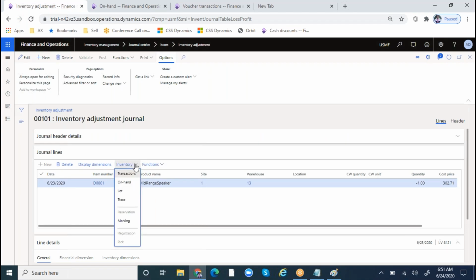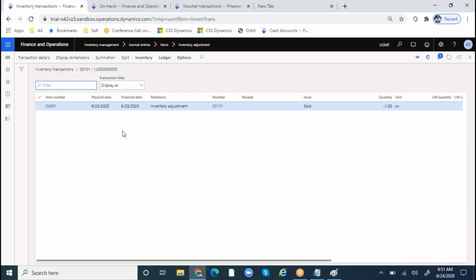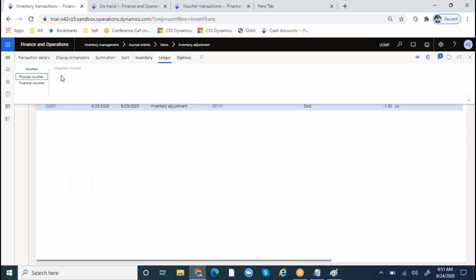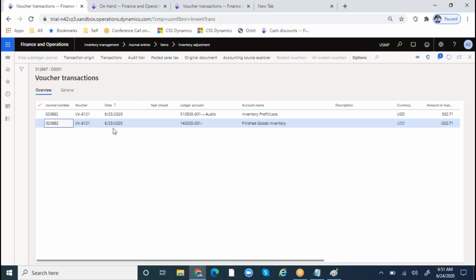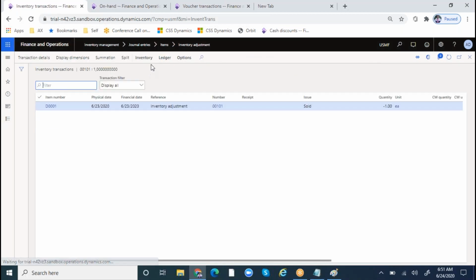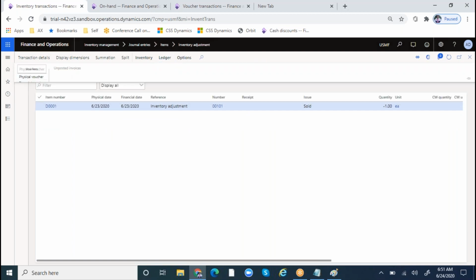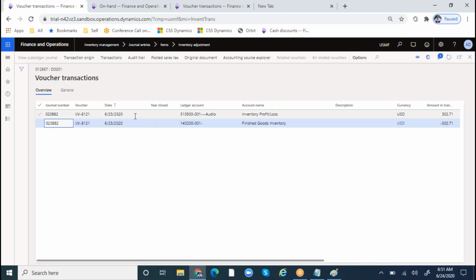And if you want the transactions, you can see the transactions from here. Is it showing here? So the financial voucher means this one, and the physical voucher is whatever you are talking about, that one.